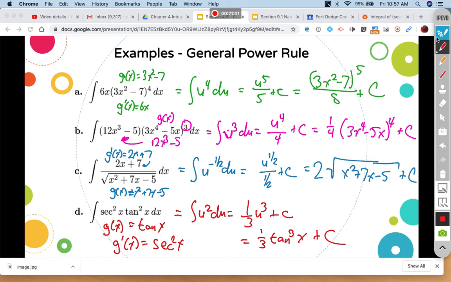This is kind of a good place to stop. So in the second part of this lesson, I will start looking at, we've been working with indefinite integrals, I'll start looking at definite integrals and how we do this substitution with the definite integrals.